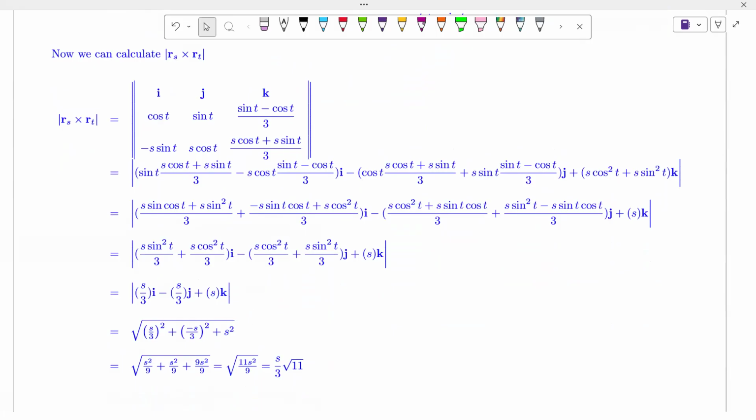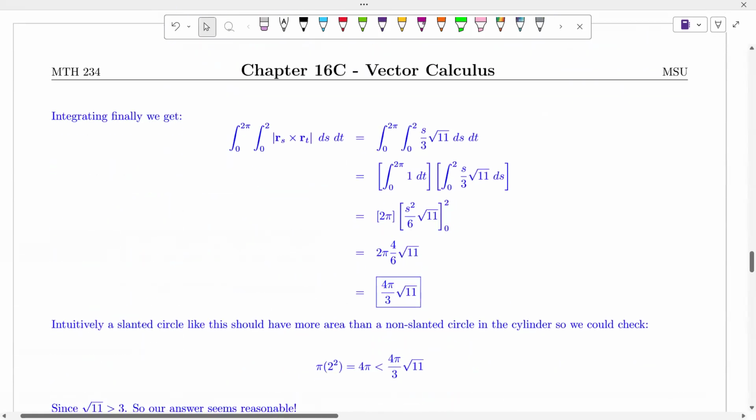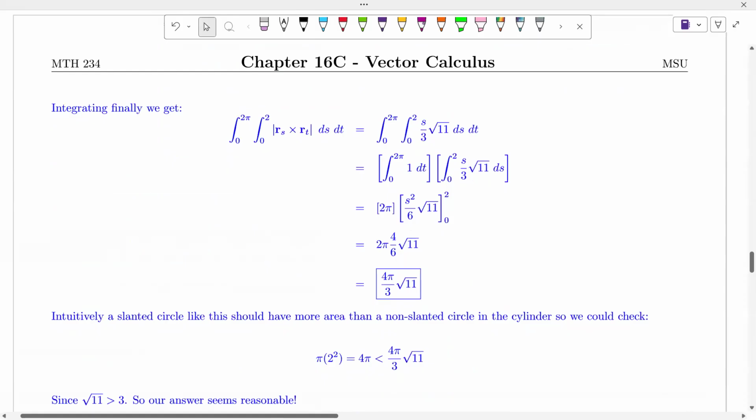Almost every single simplification in this process uses the trigonometric identity sine squared plus cosine squared is equal to 1. That Pythagorean identity shows up a heck of a lot. But ultimately, it comes down to something that isn't too terrible: s over 3 times the square root of 11. And that's the thing that we're able to integrate. It took a whole bunch of work just to simplify that cross product.